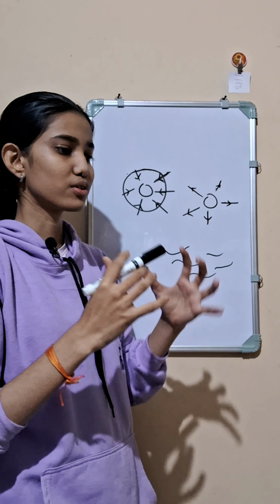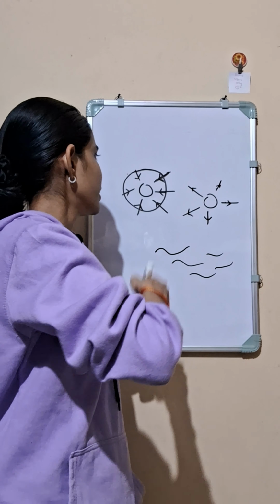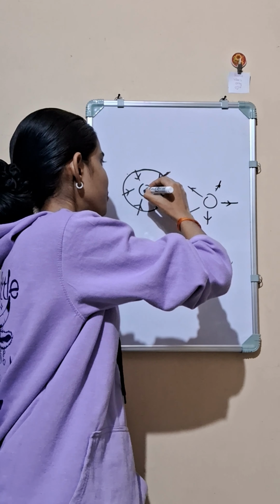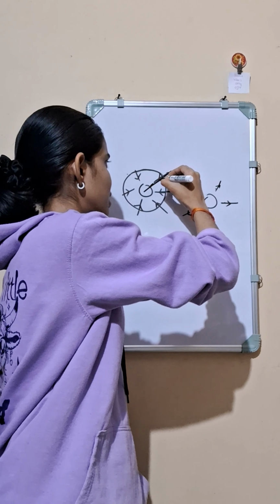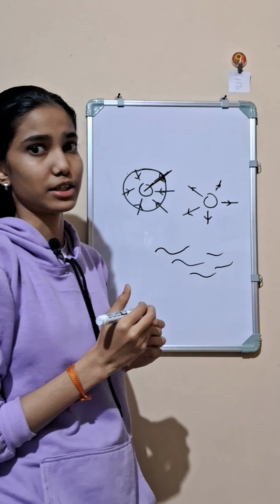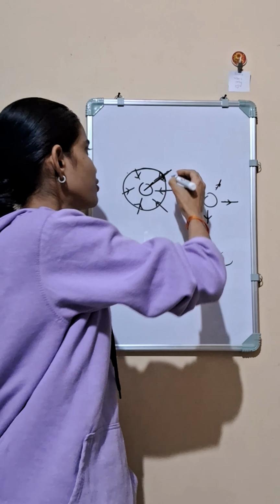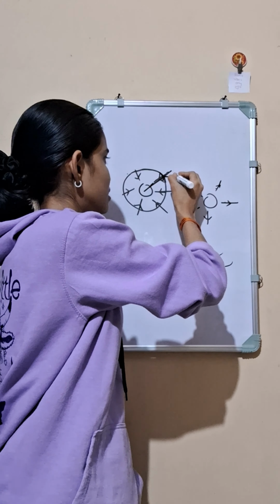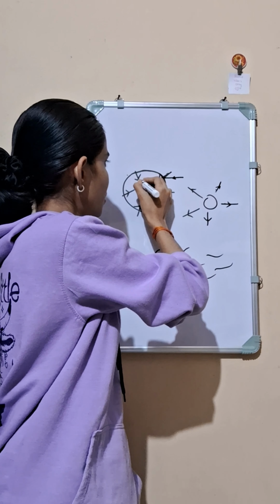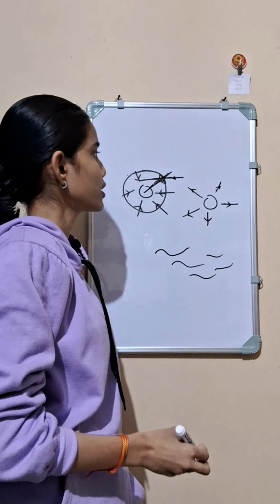Here the line is perpendicular to the surface as the line is passing through the center. But if the line was something like this, then this is not perpendicular to the surface.